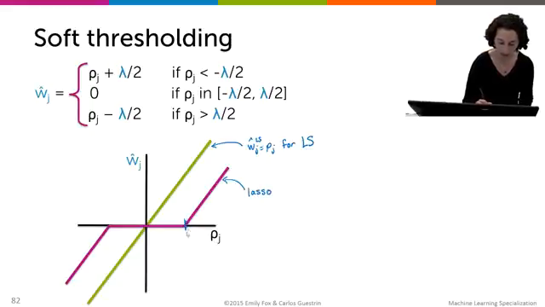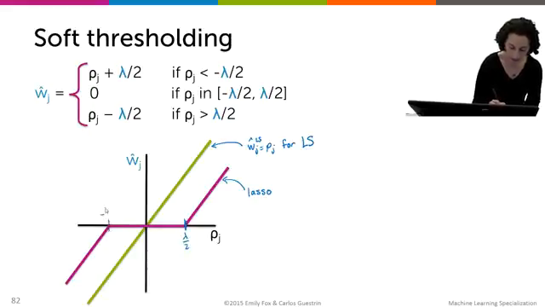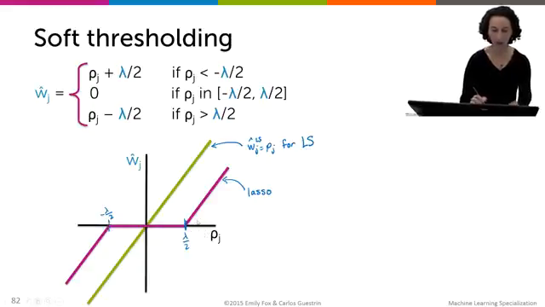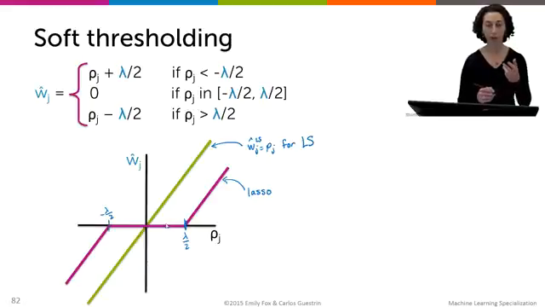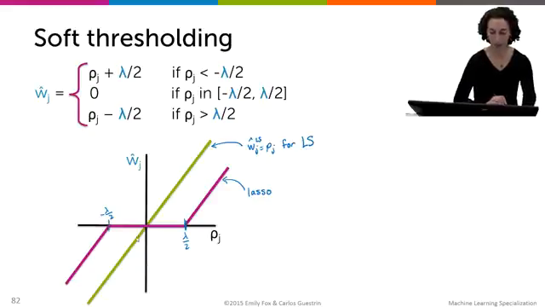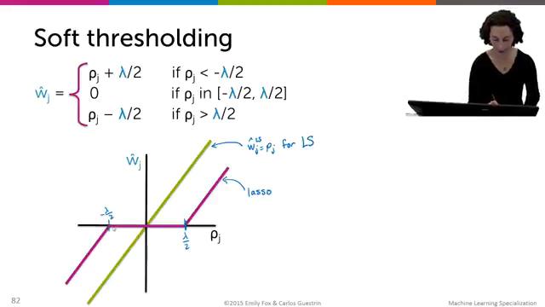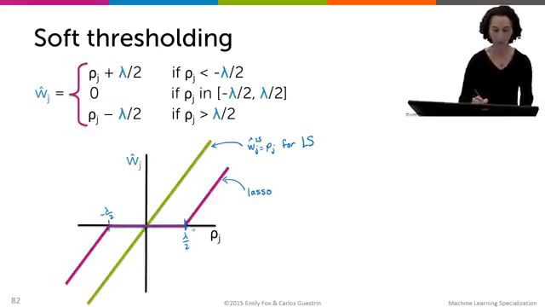And what we see is that in the range minus lambda over 2 to lambda over 2, if this correlation is within this range, meaning that there's not much of a relationship between our feature and the residuals from predictions without feature j in our model, we're just going to completely eliminate that feature. We're going to set its weight exactly equal to 0.